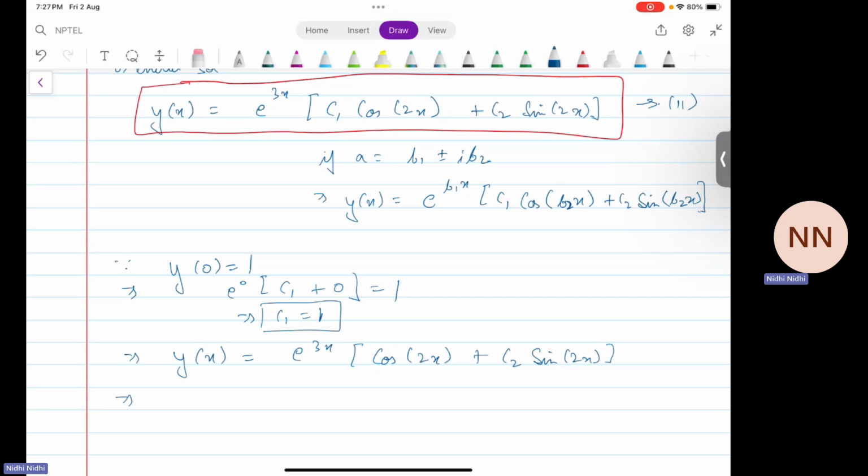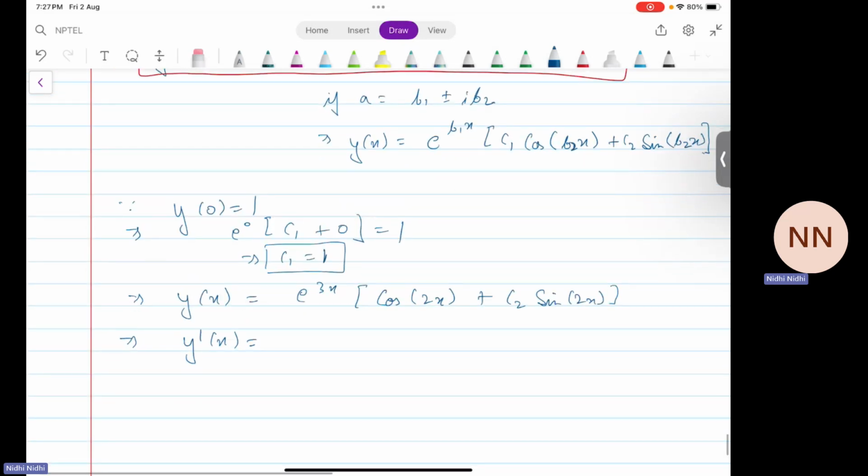Now let's differentiate it. y dash(x) is equal to, we'll be using the product rule to differentiate, e to the power 3x as it is. Derivative of cos 2x is minus sin 2x, and the derivative of 2x is 2, plus c2 times derivative of sin 2x is cos 2x, plus the second term as it is, plus c2 sin 2x.